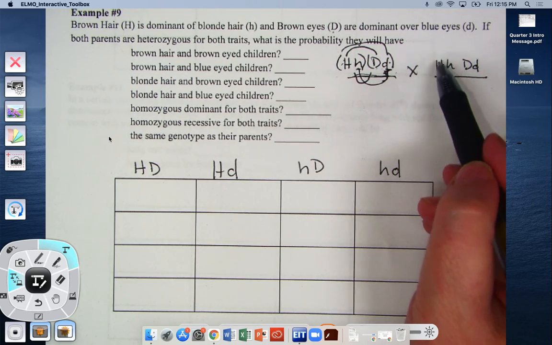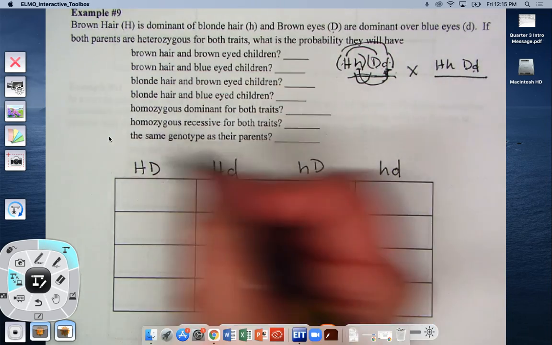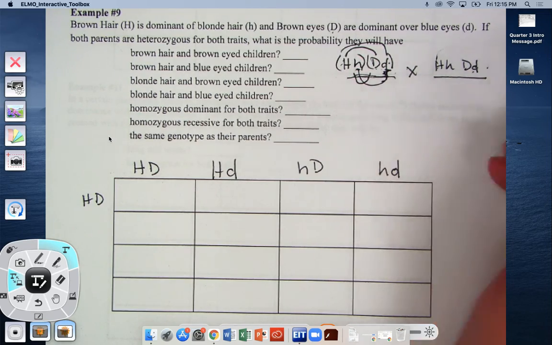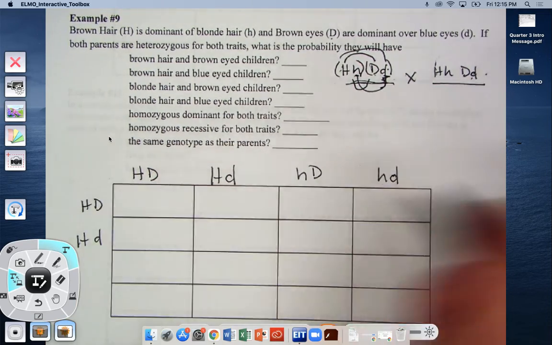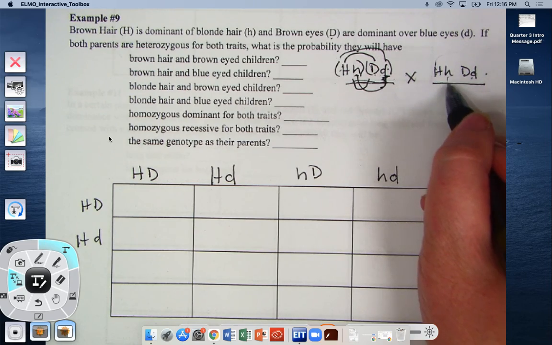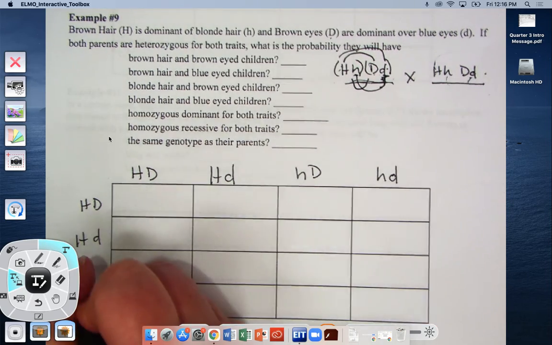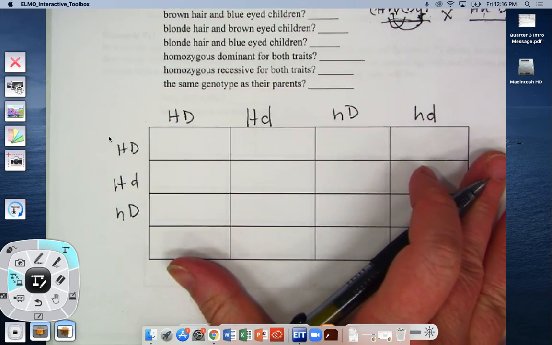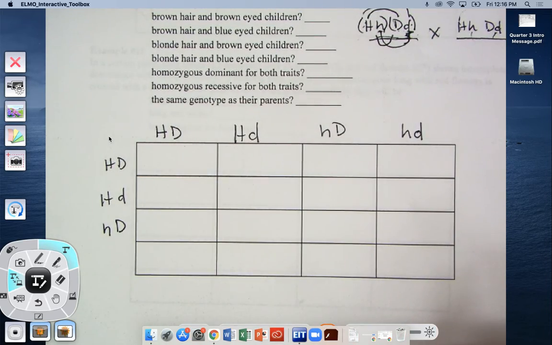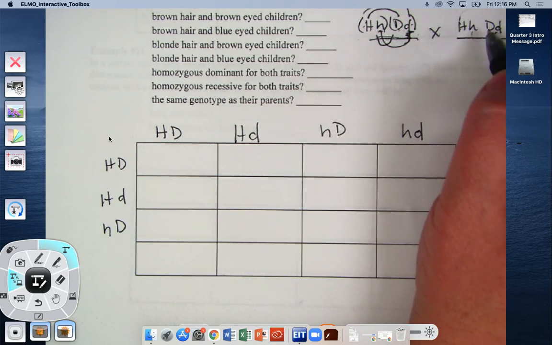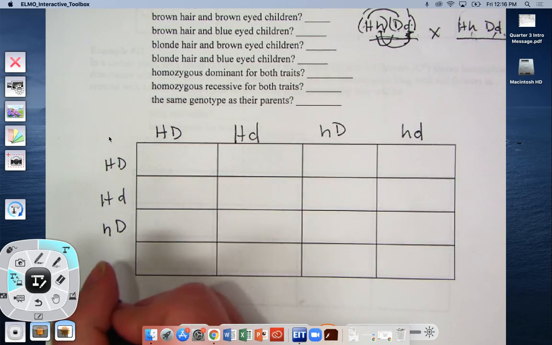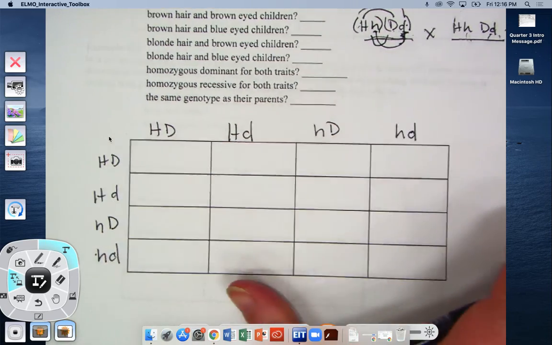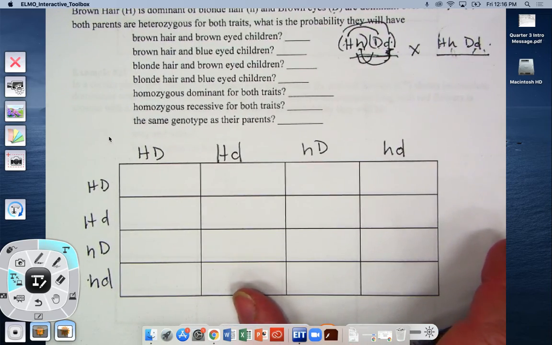Okay, so once again, first, capital H, capital D; outside, capital H, lowercase d; inside, lowercase h, capital D; last, little h, little d. Okay, so that's it.